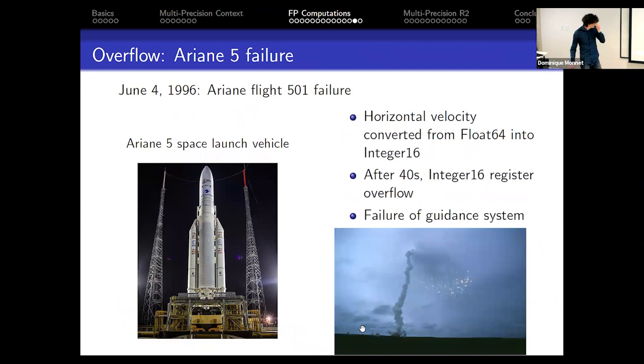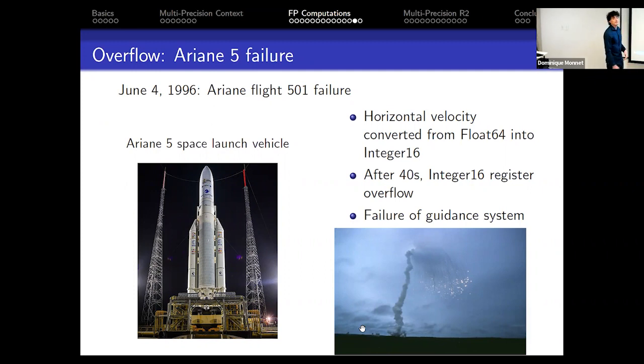The second example is here to highlight an overflow effect. So basically, an overflow occurs when you try to cast one number into another number with a different representation. Okay? So this is the Ariane-type space launcher, which computed the horizontal velocity as a float 64.